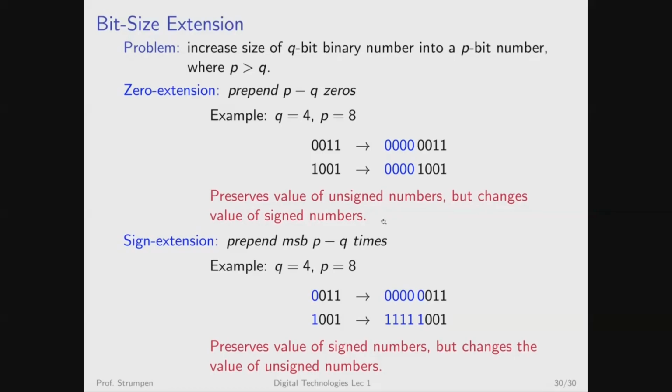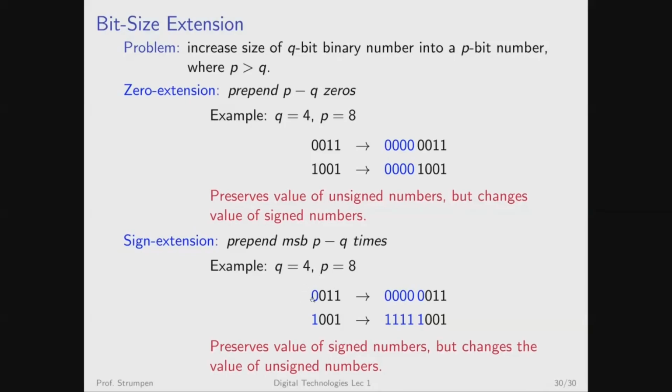Now, to deal with signed numbers, the sign extension does the job. You don't prepend zeros, but you prepend the sign bit, the MSB of your q-bit number, p minus q times. Here we have our 4-bit number. We want to extend it into an 8-bit number.